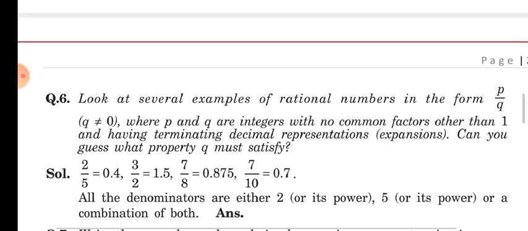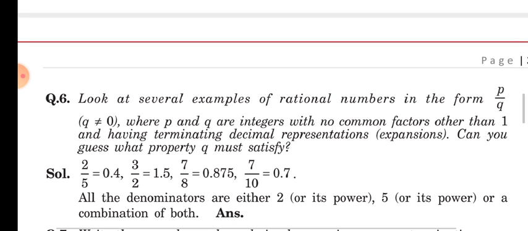If you divide, you will get 0.875. 7 by 10, you will get 0.7. So in these 4 examples of rational numbers, when we convert to decimal expansion, we are getting terminating decimals.